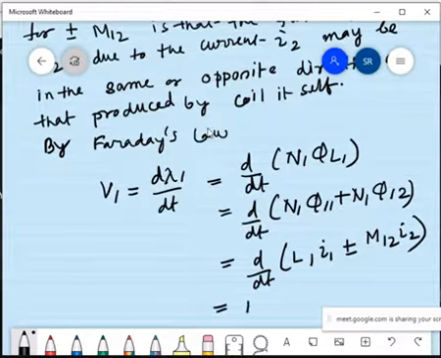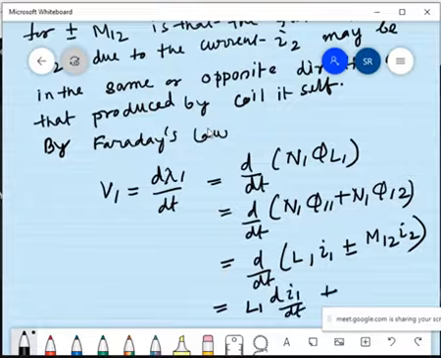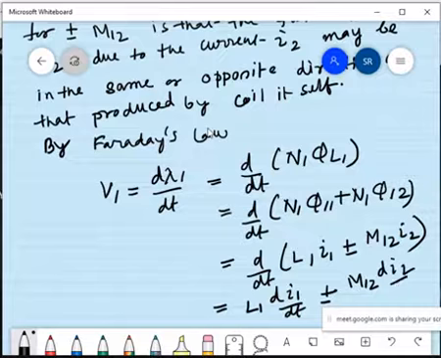So this is equal to L1 dI1/dt plus or minus M12 dI2/dt.